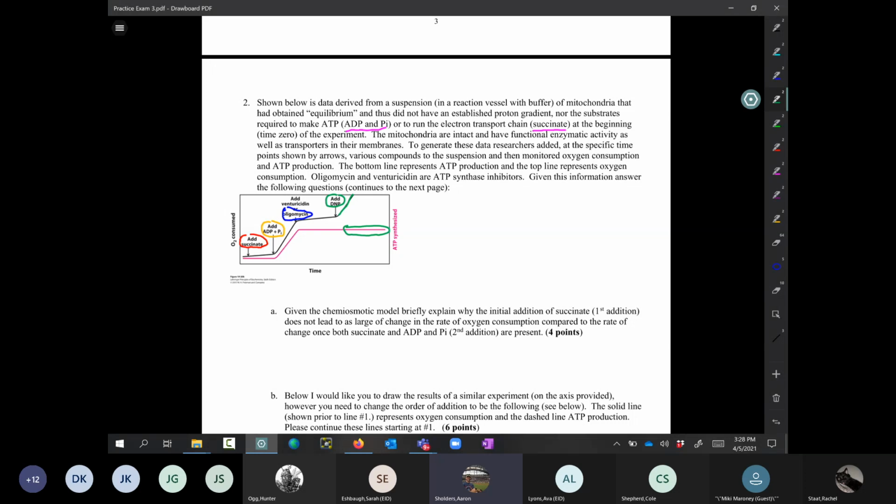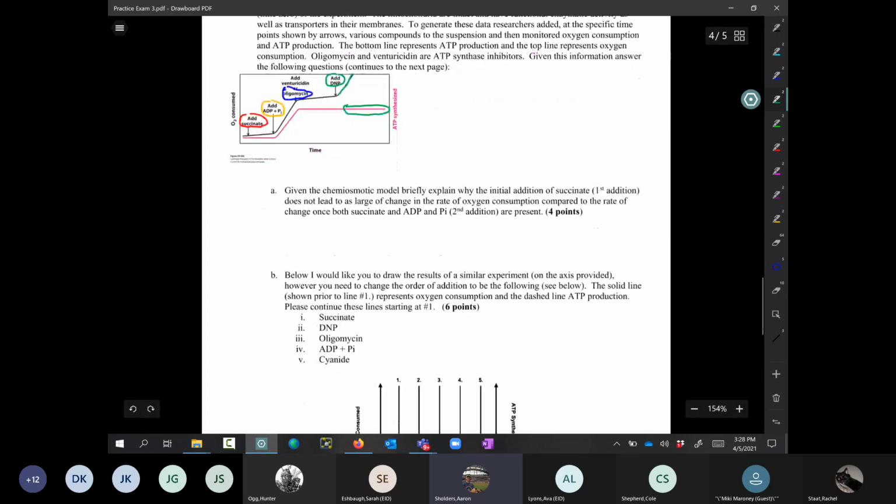It allows protons to continue to move back into the inside so that the gradient doesn't become so steep that there's not enough energy in an electron transport chain to keep pumping protons. So when they're coupled, you have to have ATP synthase there to essentially regulate the gradient so that it doesn't get too steep.